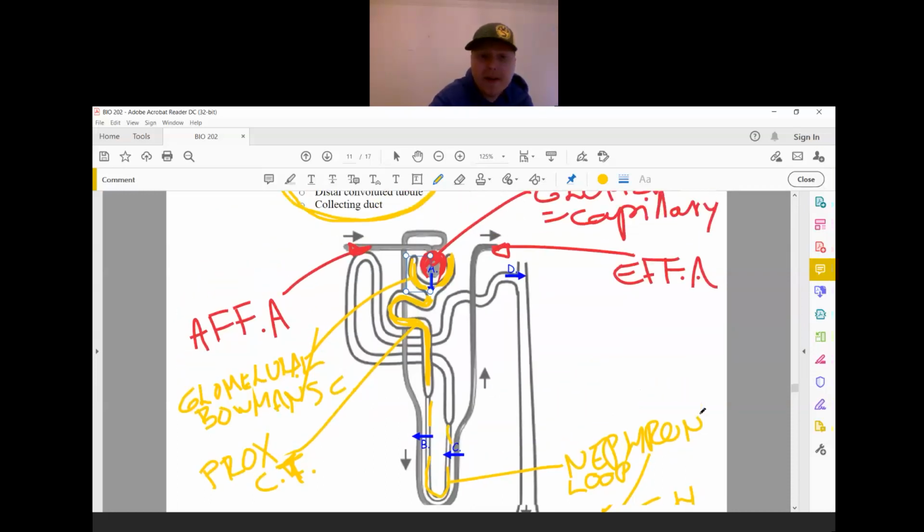And then we have our distal convoluted tubule. And finally, we have our collecting duct here.